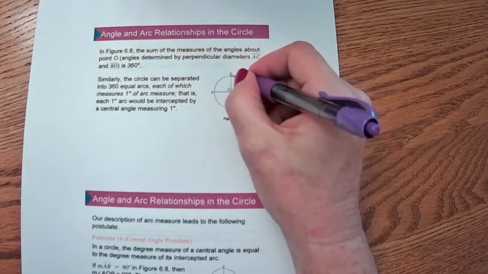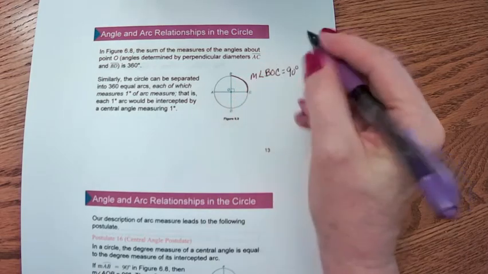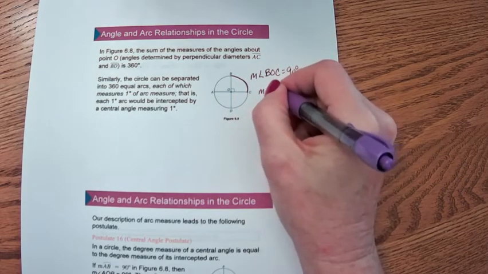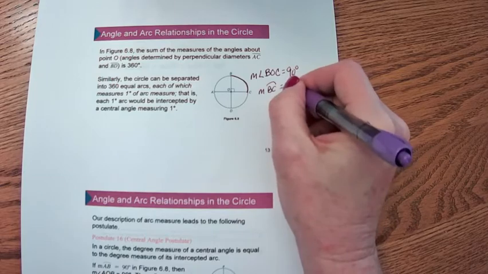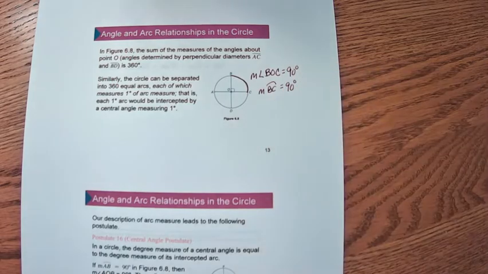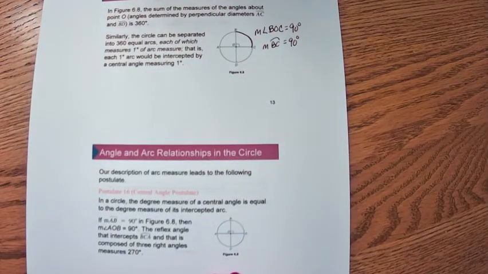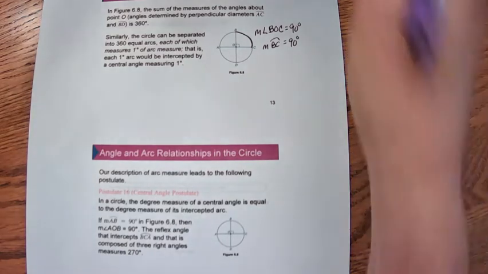And that is a central angle. So the intercepted arc, the measure of arc BC, will also be 90 degrees. In a circle, the degree measure of the central angle is equal to the degree measure of the intercepted arc.